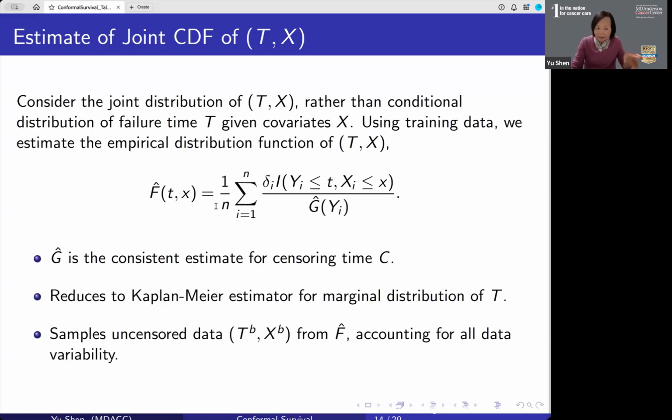In that case, we can use that data to construct the conformity score. So that's our idea. And this way we are also accounting for all data variability, the joint of both T and X.